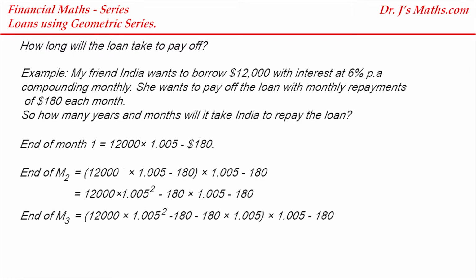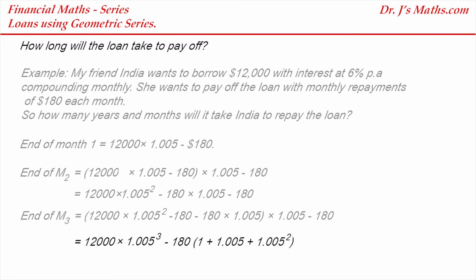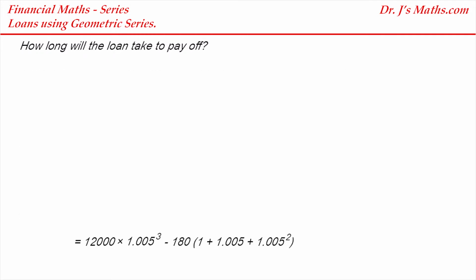We take everything India owed before and multiply it by the interest, 1.005, and another $180 off, and we can now remove those brackets and do a little bit of factorising as well to give us the last term, as you can see. So I'll leave that last line down there so that you can see how we're summarising the end of month 3 payments.